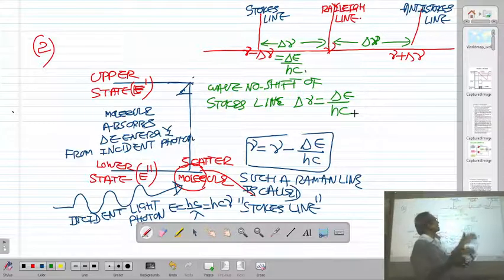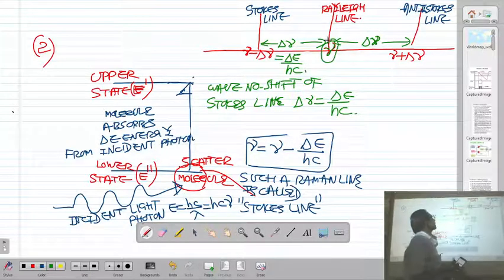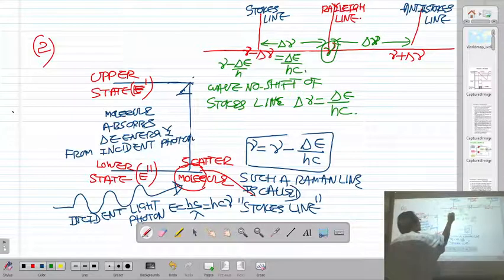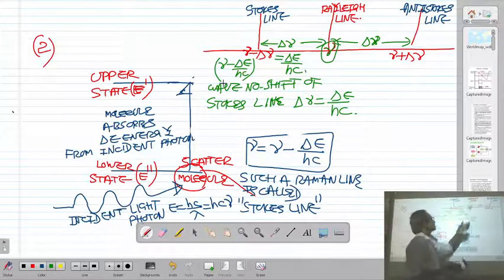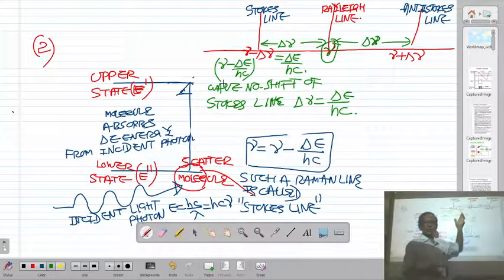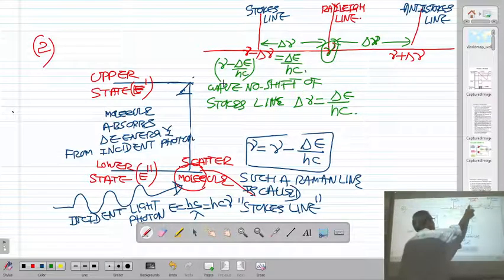If the wave number of the Rayleigh line is nu, then the wave number of the Stokes line will be nu minus delta E upon hc. So the wave number shift of the Stokes line from the Rayleigh line is delta E upon hc.